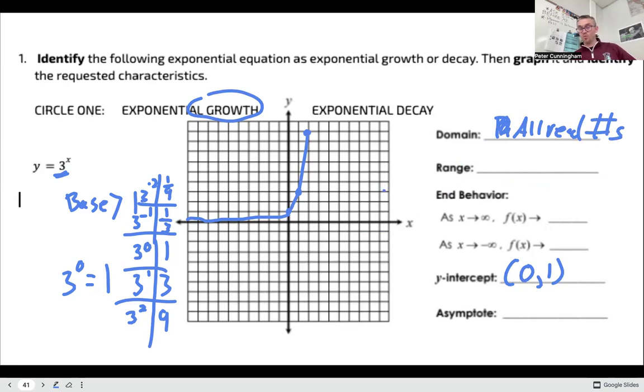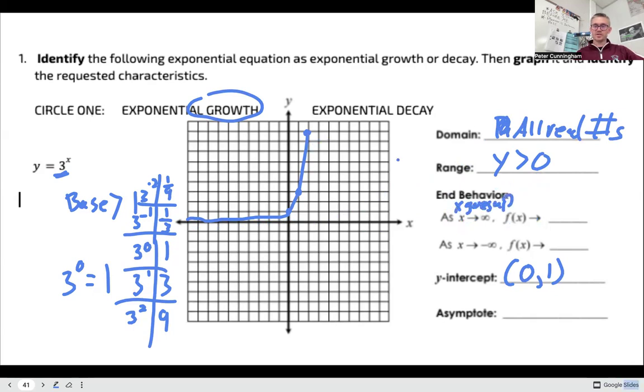My range, that's saying what y values are possible. It's not all y values because we have an asymptote at 0 here. So our values are all going to be greater than 0. In behavior, as x goes up, that's all this is saying. As x goes up, what's happening with y?